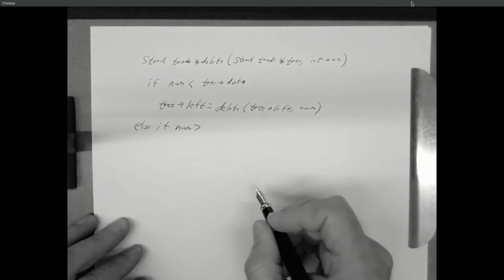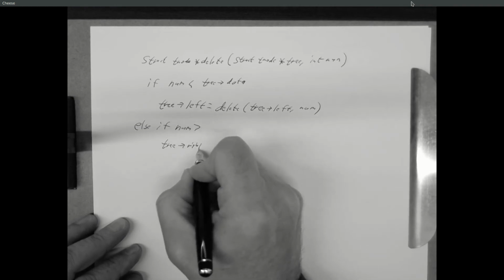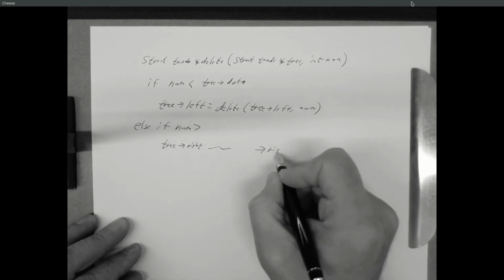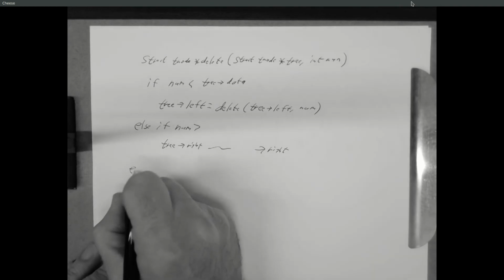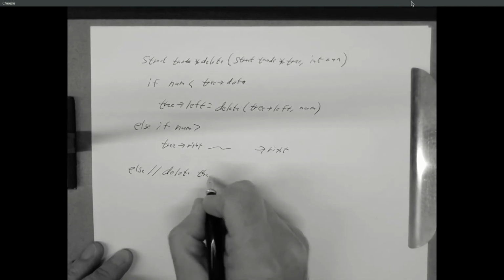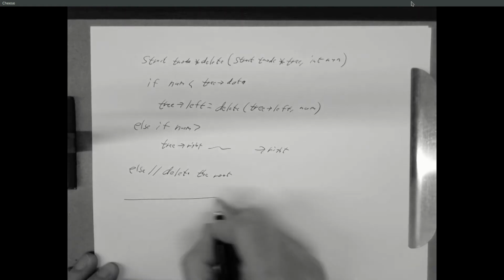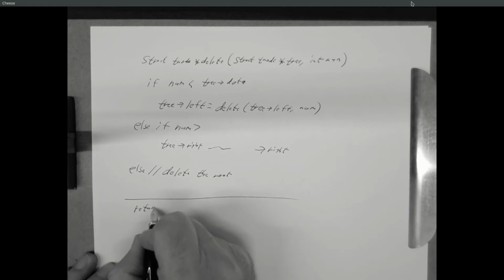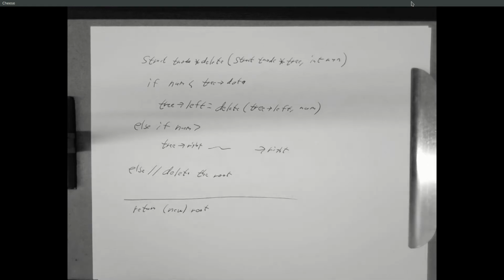Else if our number is greater than, then delete from the right subtree and set tree arrow right equal to what you get back from delete. Else, delete the root. And then when you're done, return the possibly new root of the tree.